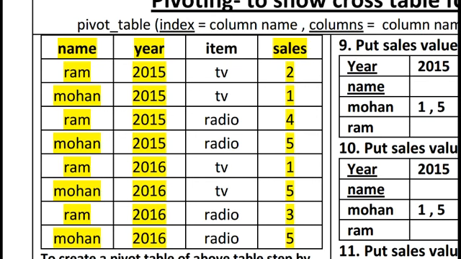In this company, two salesmen are working, Ram and Mohan, with data for 2015 and 2016. And in this electronics company there are only two items, TV and radio. Every salesman has sold these electronic items according to their performance.